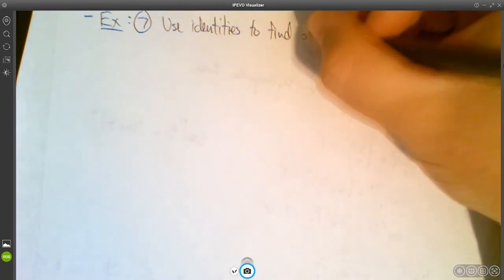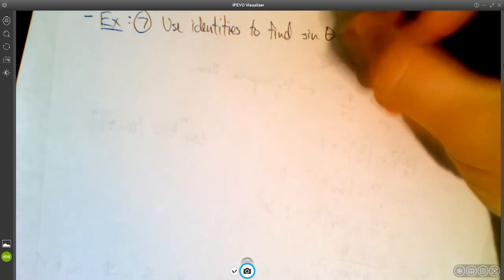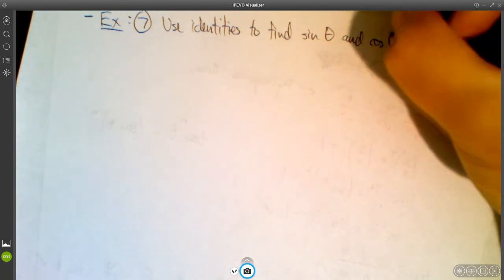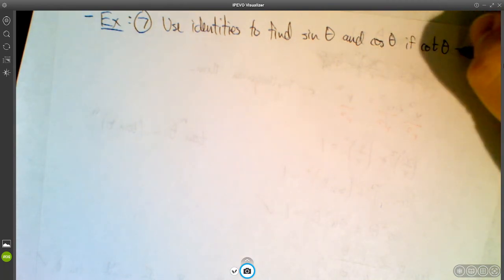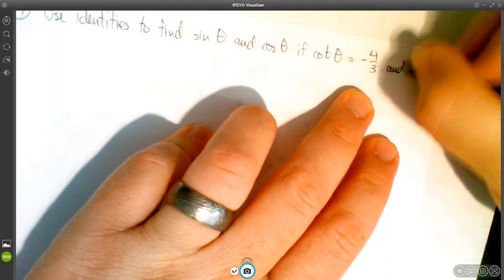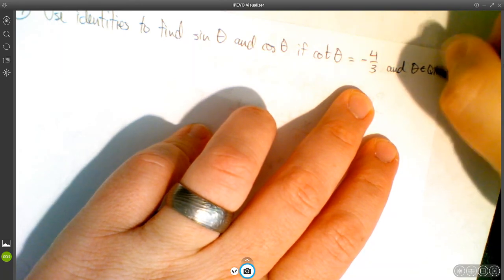Let me give you one more example, and then we'll call it good on this section. So let's use identities to find sine theta and cosine theta if cotangent theta is negative 4/3 and theta is in quadrant 2.